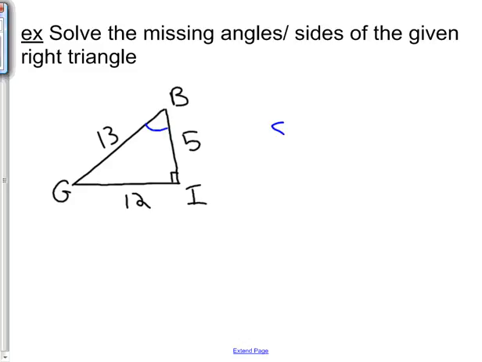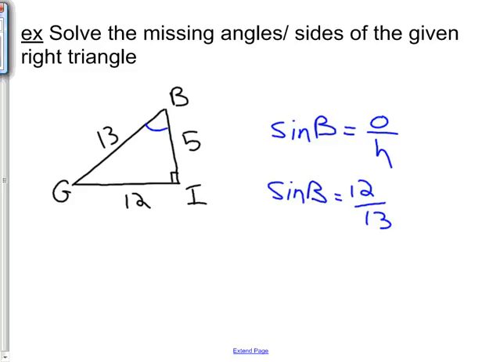So we're going to find the sine of angle B, and that's opposite over hypotenuse. So sine B equals 12 over 13.